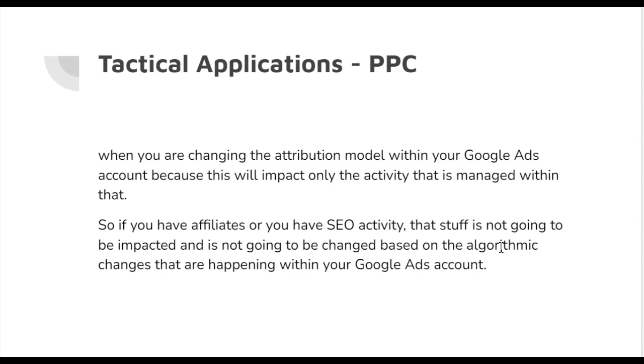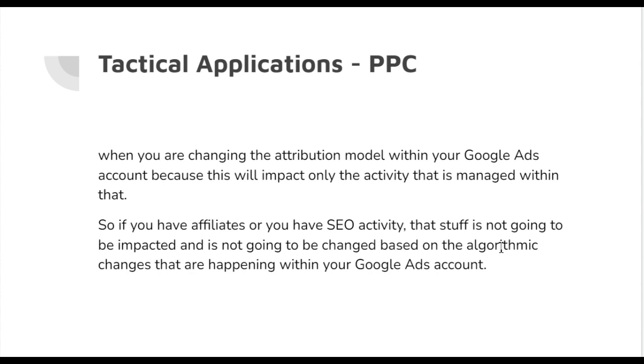And using PPC gives you insights into what keywords, what type of ads, and the PPC marketing campaigns are contributing to your bottom line. And even if they are not bringing direct conversions, they could set a customer on the path to a conversion.